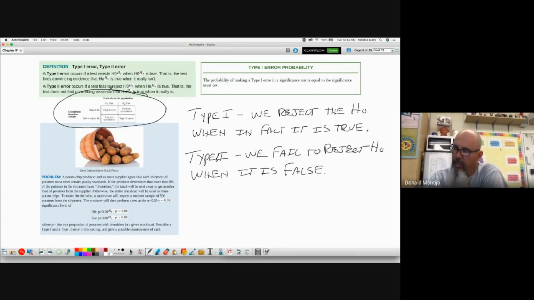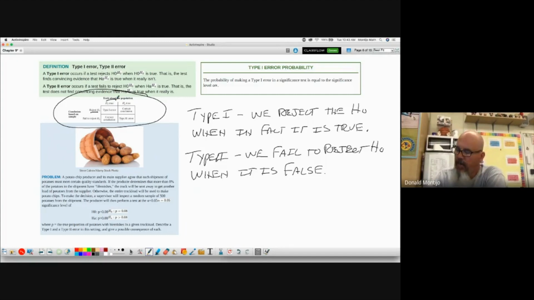Okay. The row variable is the conclusion based off of the sample. Okay. The column variable is the truth. Okay. So we reject the null when in fact it is true. That's committing a type 1 error. The probability that we commit that error will be equal to the alpha level, which is usually 5% unless otherwise stated.